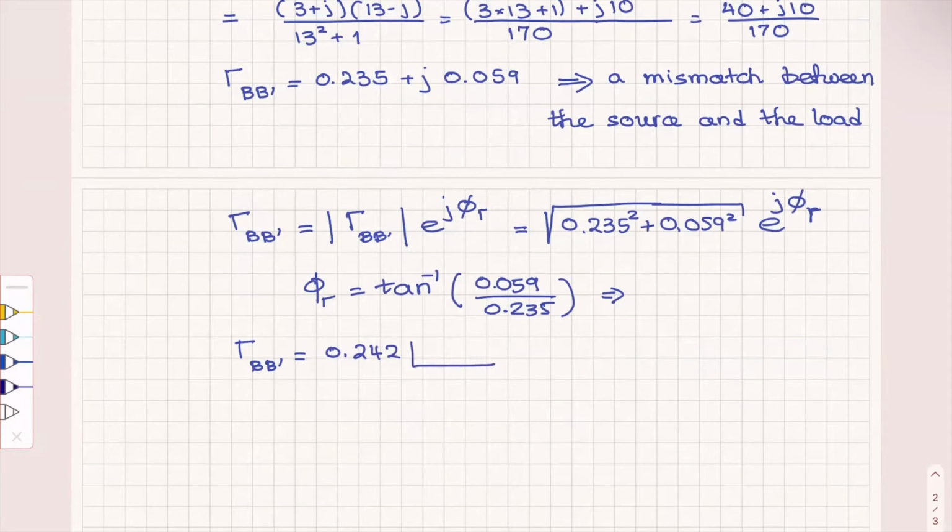I'll find the inverse tangent of 0.059 divided by 0.235.